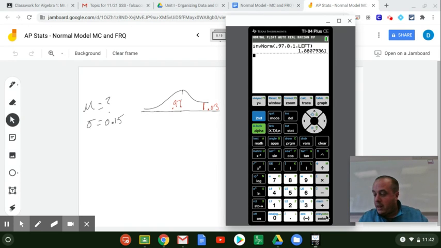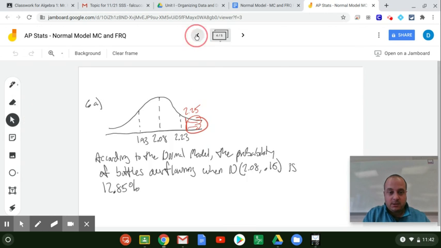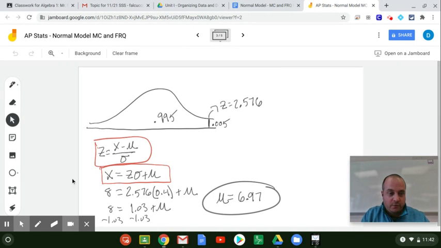And while I don't know specifically what this value is as it relates to this problem, I do know that this value right here, to have 0.03 above it, would give me a z-score of 1.88. And if we go back a couple slides here, so I'm going to get rid of the calculator, remember we have these two formulas right here.